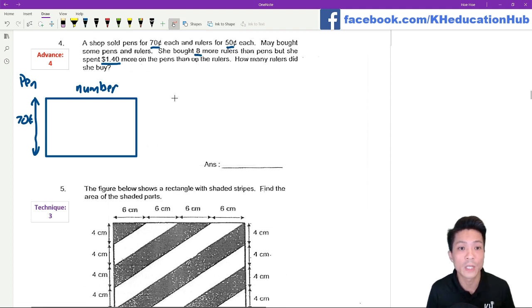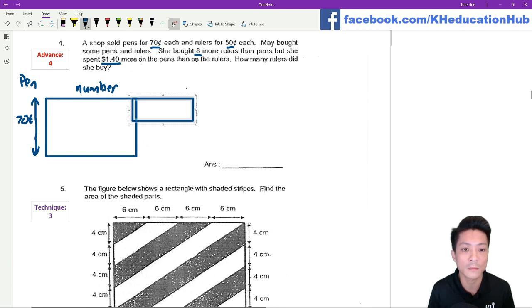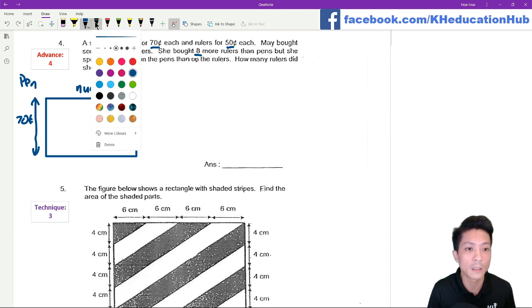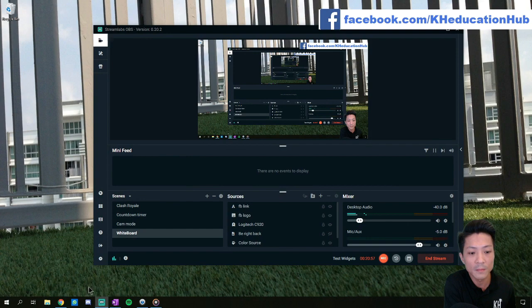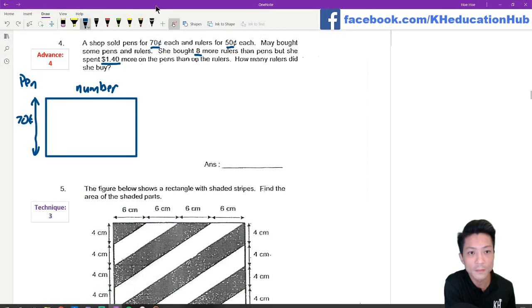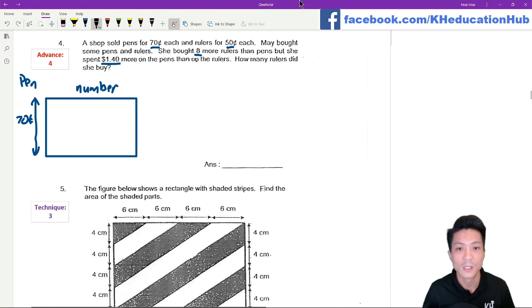Now I'm going to draw another block which represents the rulers. I need to wake up the black color pen.